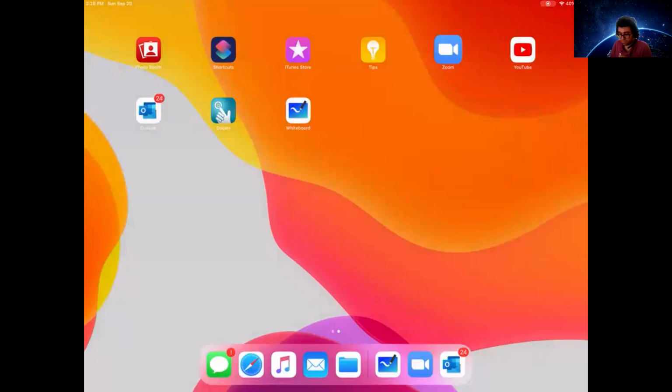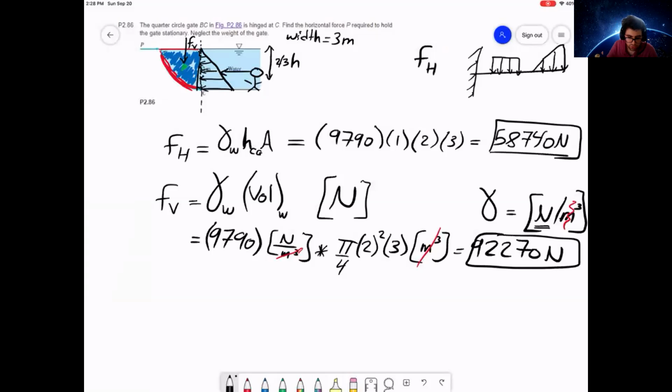So if you do the calculation 4r over 3 pi to find the location of the centroid of this quarter circle, you'll end up with a value of 0.849 meter.